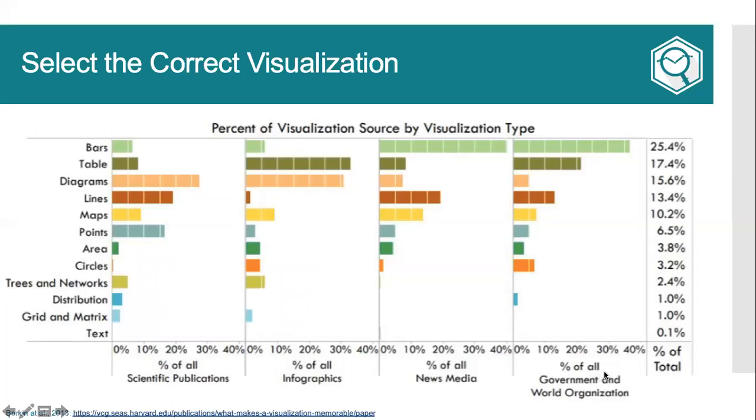What I find really interesting is you can see that here in government, we apparently really like to use our bar charts, whereas scientific publications are apparently quite drawn to diagrams and line charts. So you can just see where different kinds of visualizations are the most popular.